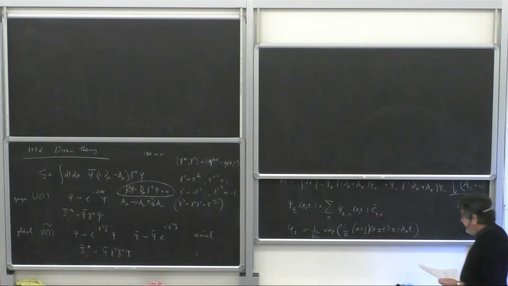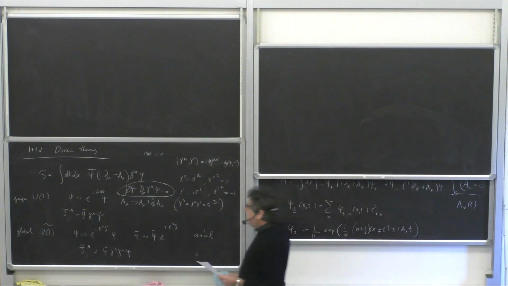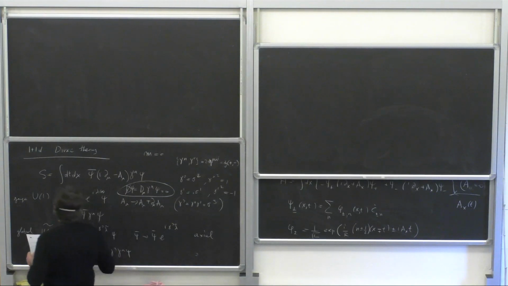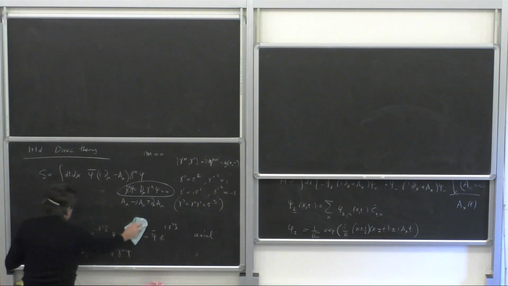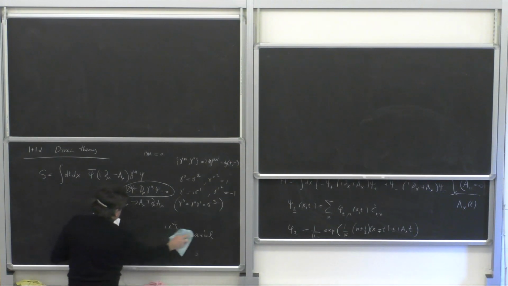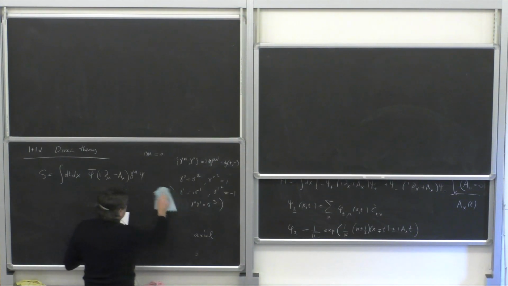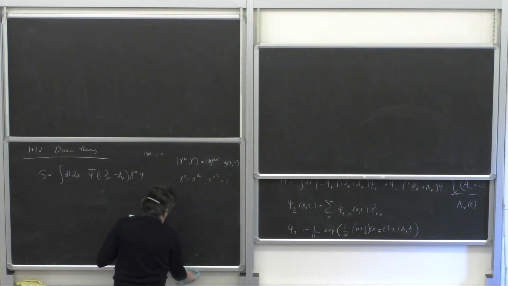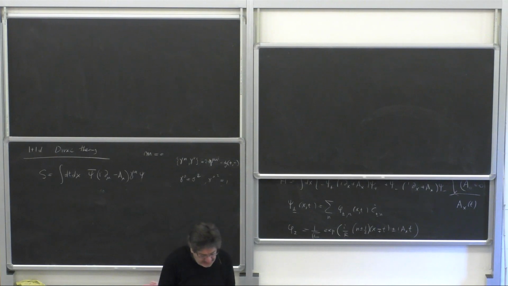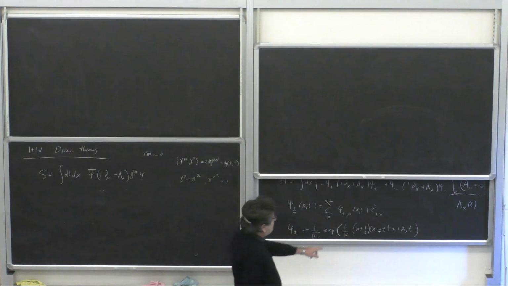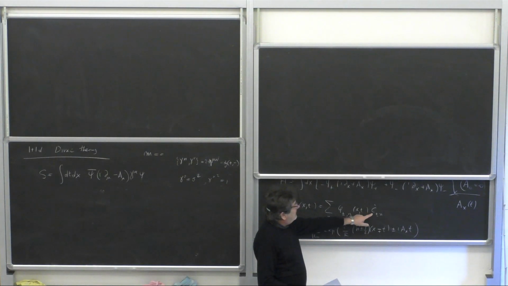If you plug this solution in, you can do it both ways. You can impose the commutation relation between fields and then get the algebra obeyed by the creation and annihilation operators, or vice versa.